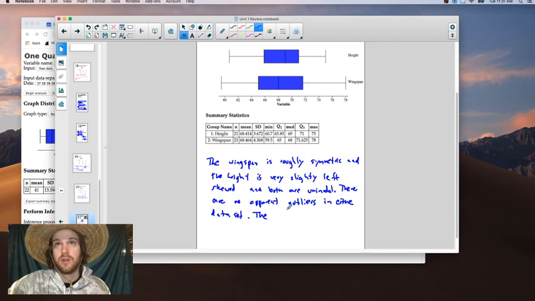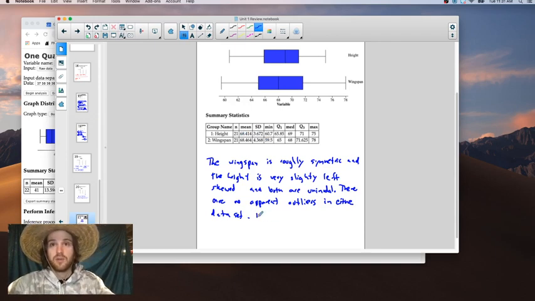Let's see, what is a good measure here? I think it makes more sense based on the box plots. You can use means. So you could say it this way.